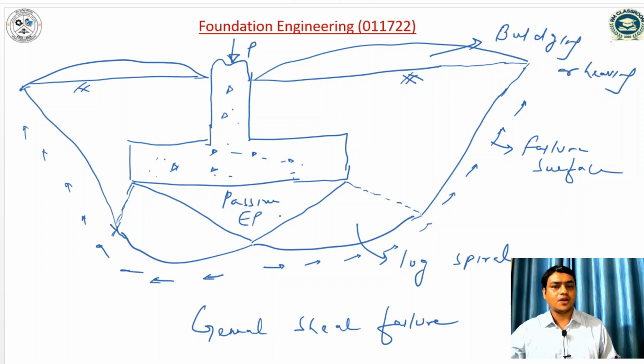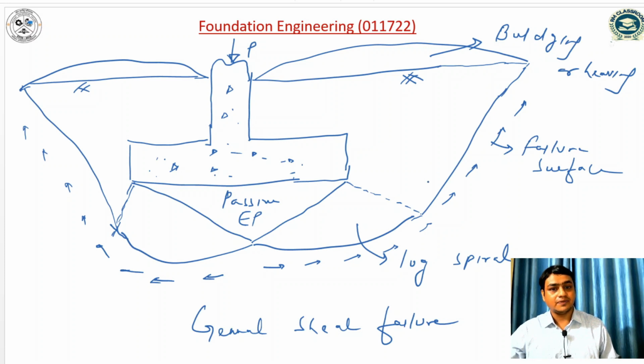In general shear failure, I told you this type of failure occurs in dense sand and OC material. And the second thing, the soil is dense sand, meaning relative density is greater than 70% and angle of internal friction is greater than 36 degree. Third point, it is a well-defined failure surface.